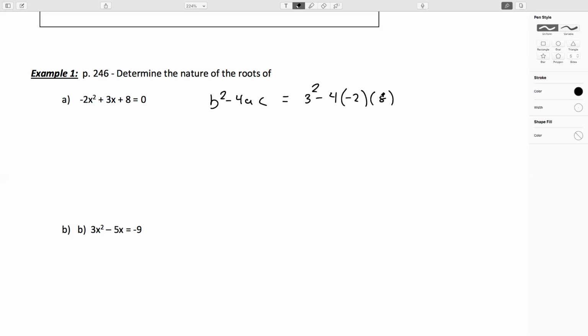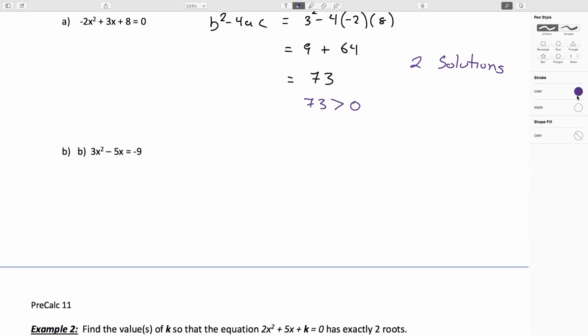That's going to be 9 plus... or sorry, it's 9 plus 64, which works out to 73. Because we have a positive, non-zero discriminant, 73 is greater than 0, this one has 2 solutions.